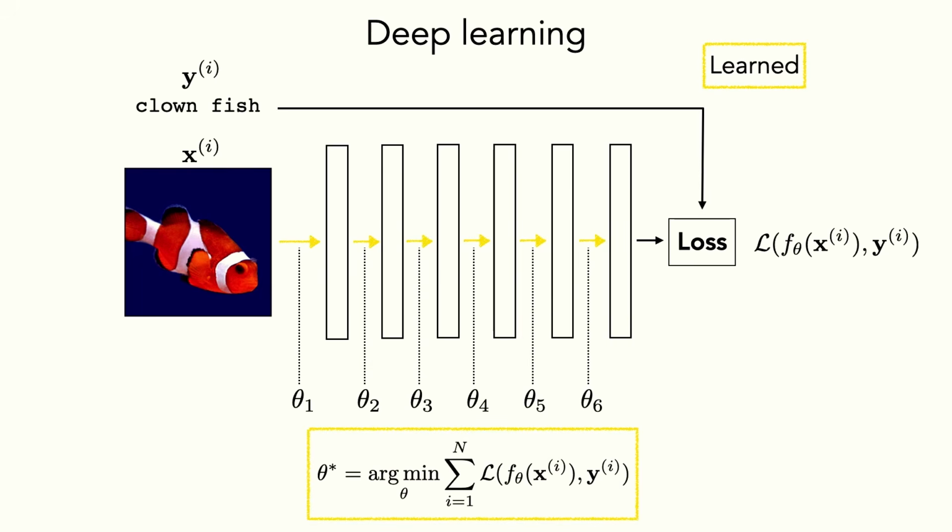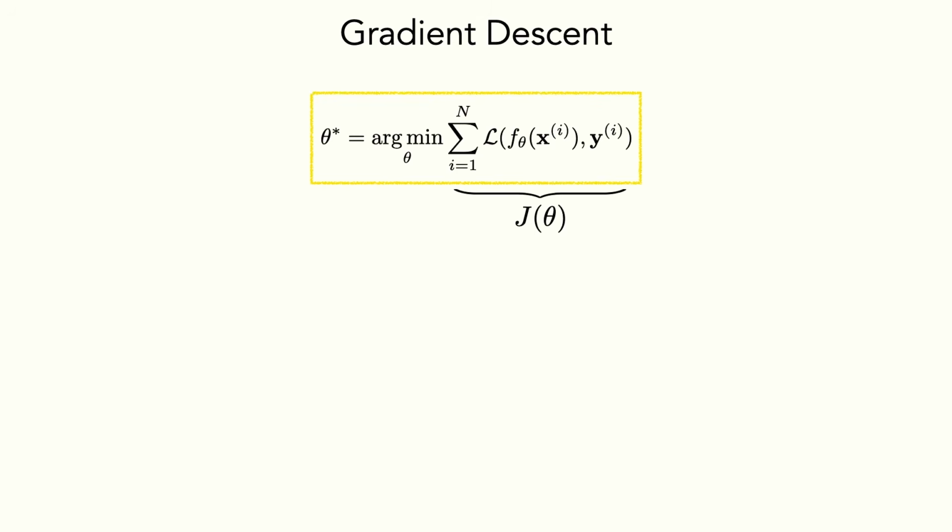Cool. So essentially what you're trying to find is some optimal set of theta that minimizes that loss function over all of your available data set. Now, when we talk about gradient descent, finding that optimal set of parameters, what we often talk about is the set of parameters that is optimal for some cost.